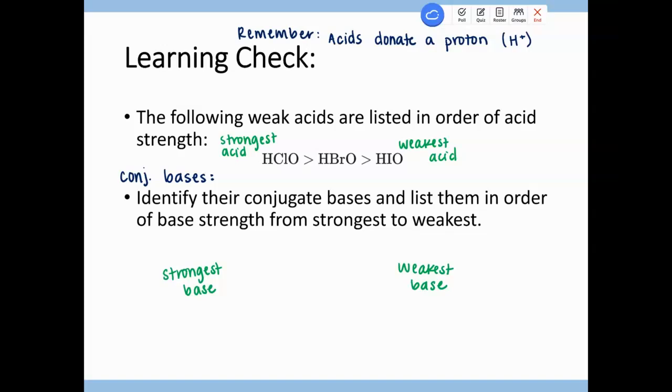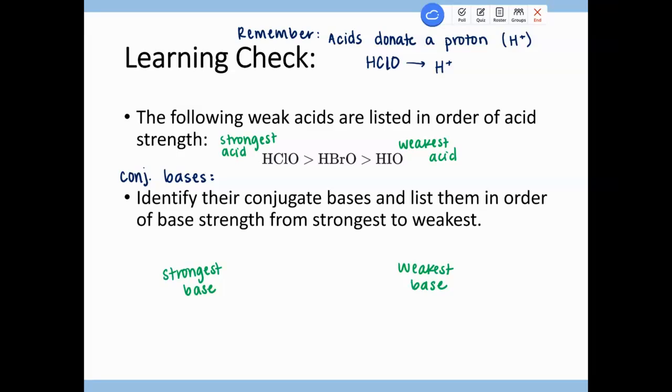Okay, let's draw these conjugate bases. And I wrote this note across the top. Remember that acids donate a proton. So if we look at HClO first, so chlorine, hydrogen, chlorine, and oxygen, that will donate a proton. So let's just say in a reaction, it gives away a proton to the base. Then what's left?